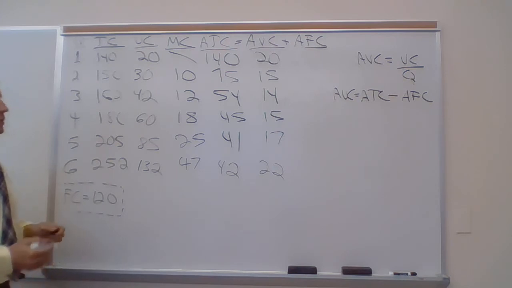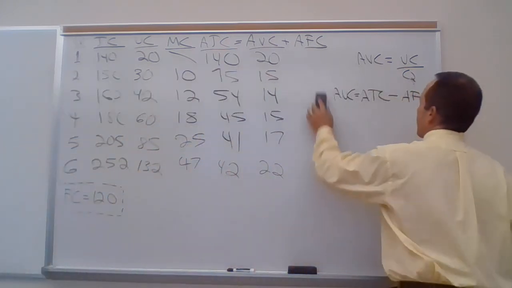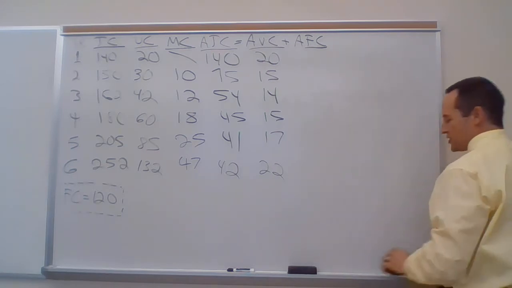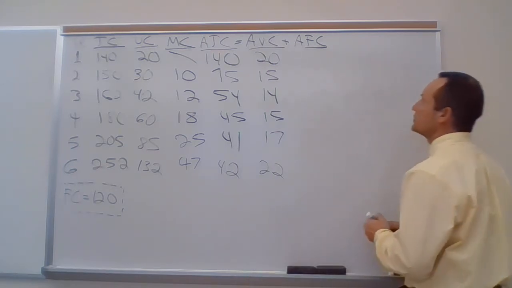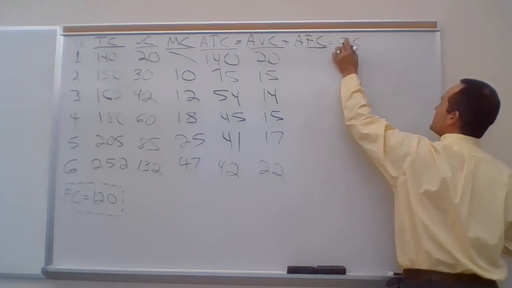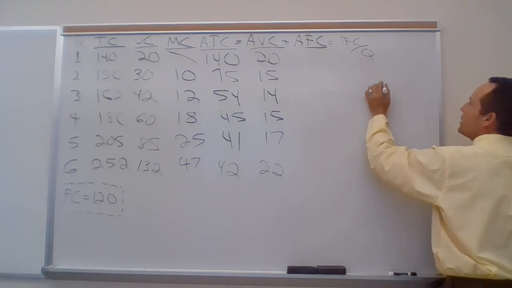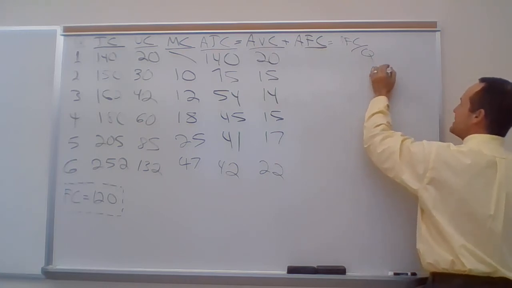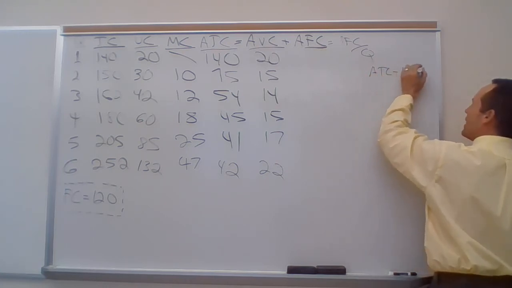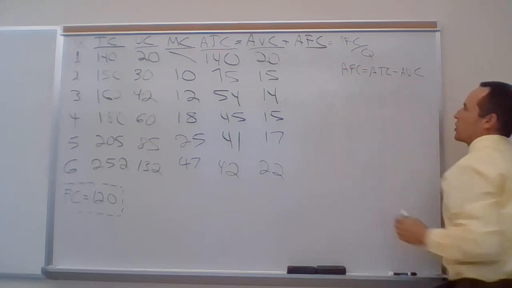Okay, now you will get to AFC. AFC can be found in two ways. AFC equals FC over Q, and it also equals ATC taking out AVC will also get you average fixed cost, AFC.